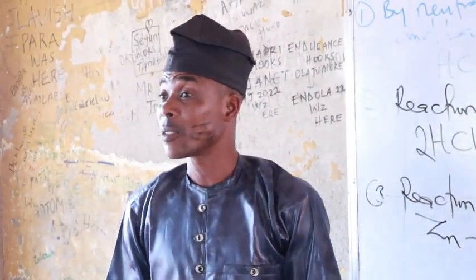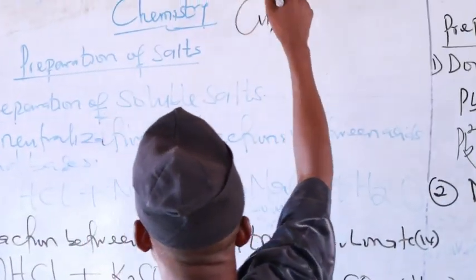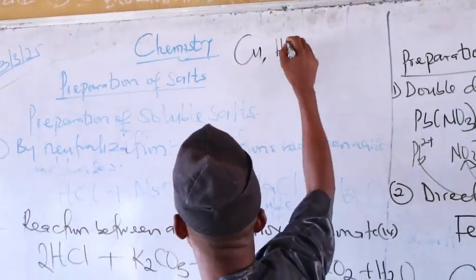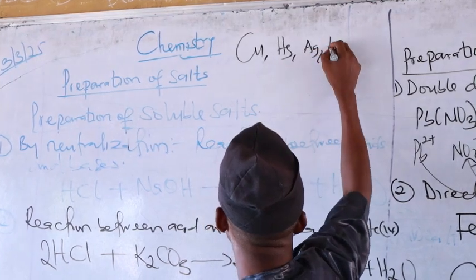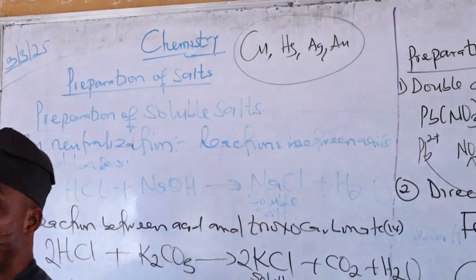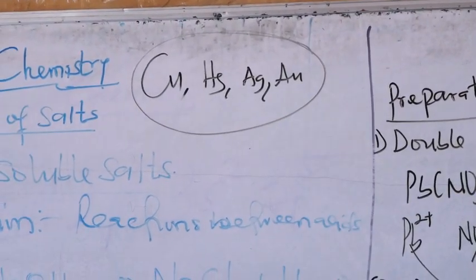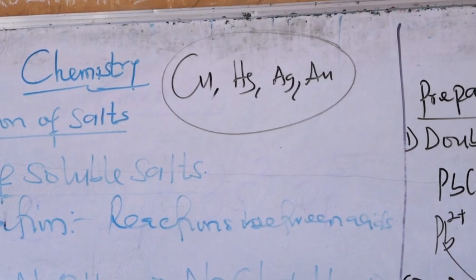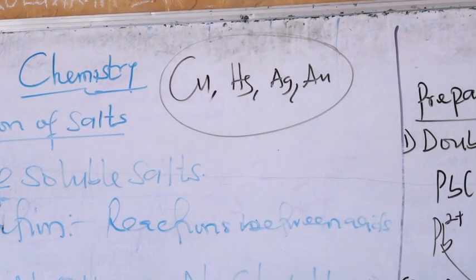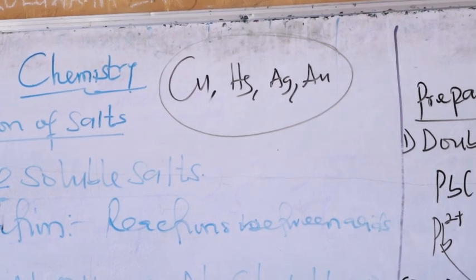Copper, yes? Copper, mercury, silver, and gold. These metals are less reactive than hydrogen. Hence, they cannot displace hydrogen from acid. I hope you understand that.